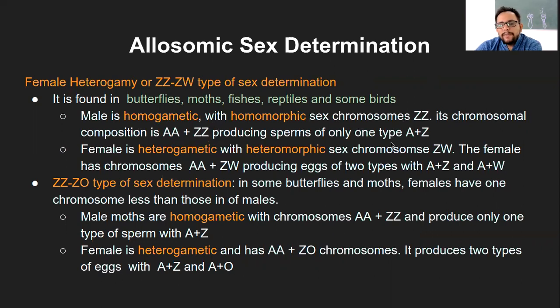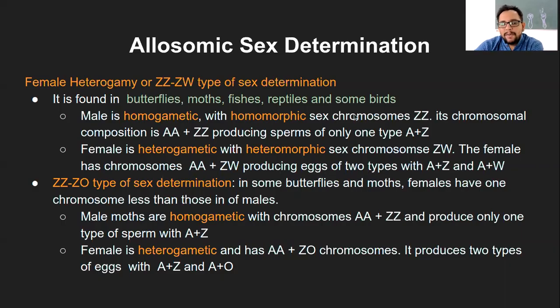It will produce only one type of gamete, A plus Z. In the other case, the female is heterogametic, because we are looking at female heterogamy. So the female will produce two gametes because the female has the chromosomal composition of autosomes plus ZW. The eggs produced by the female will be A plus Z and A plus W.